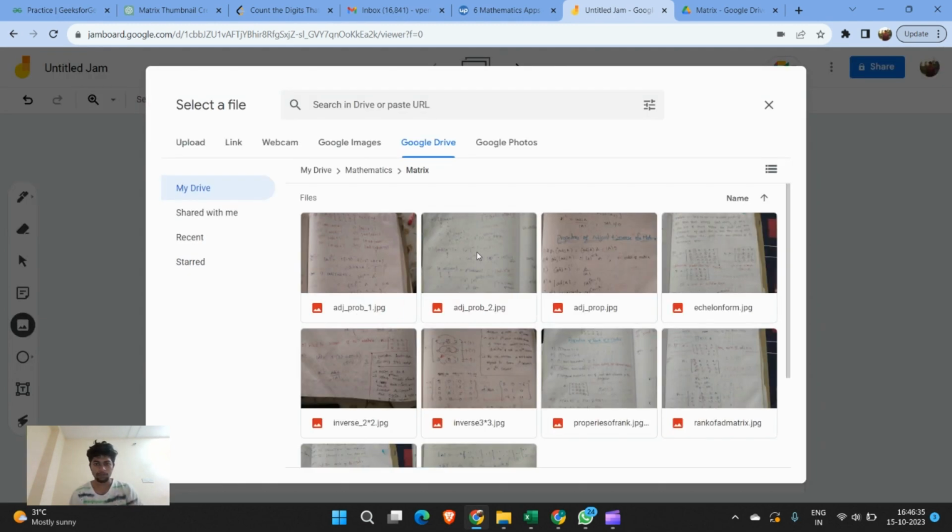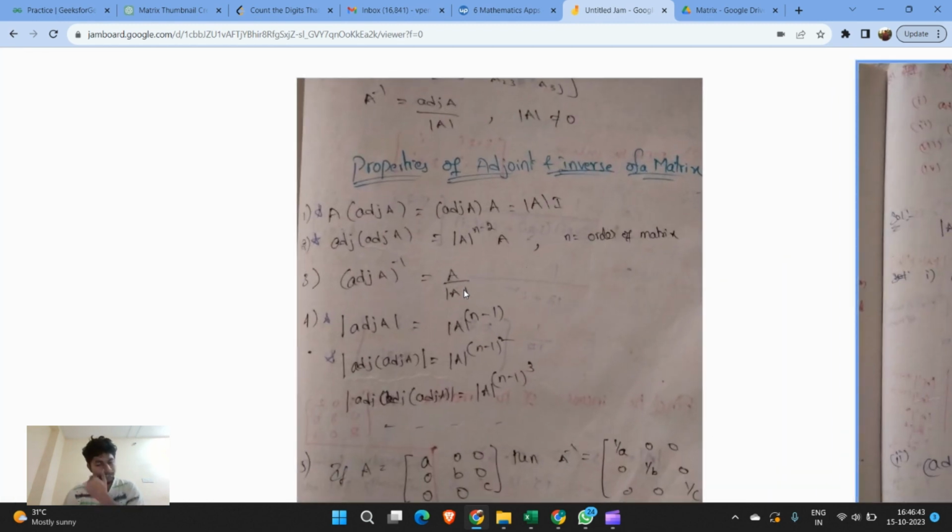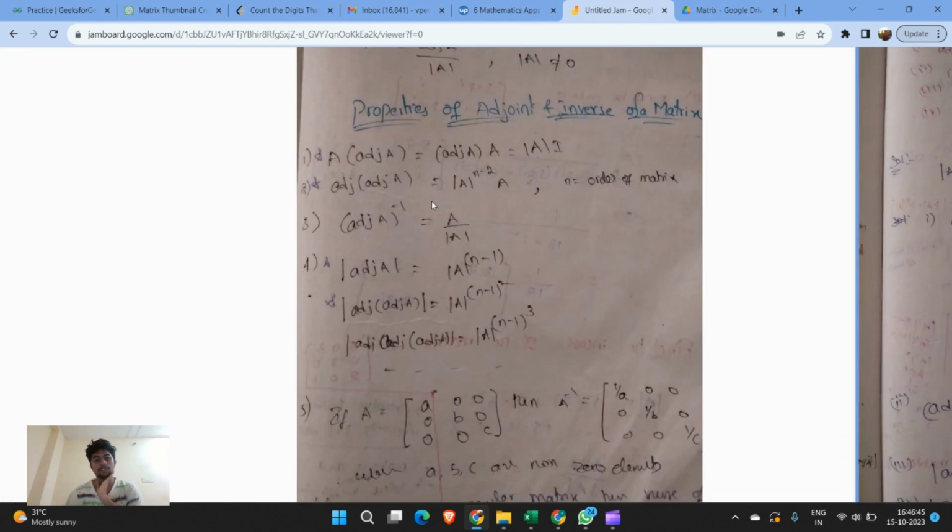Let me add one more thing here. You have to understand these properties are very crucial and useful in solving problems.